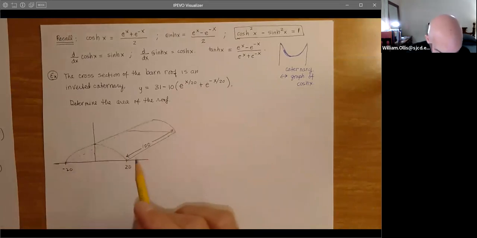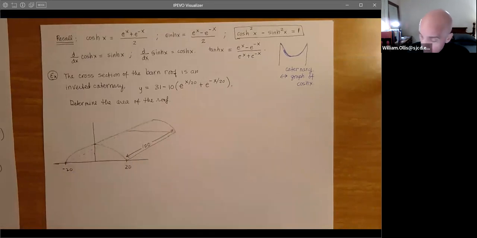And of course, the idea here is when we work with arc lengths, we take the generalized notion that we've been using for the last problems.